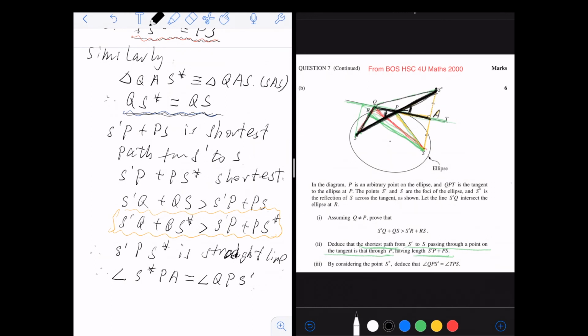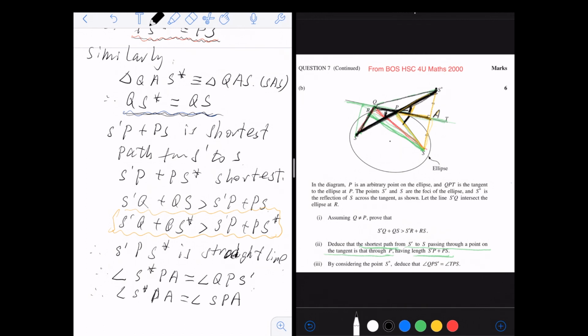Then the next step: also because angle S star PA is equal to angle SPA, that's from congruent triangles. Remember, we have these two triangles as congruent triangles. So this angle is also equal to this angle; corresponding angles in congruent triangles are equal.